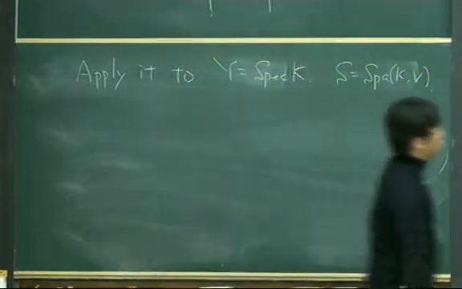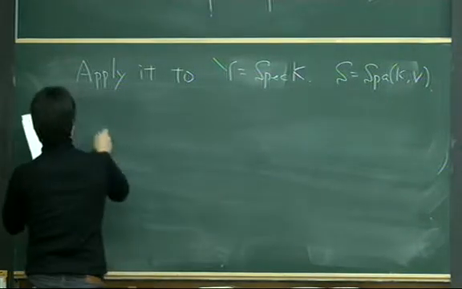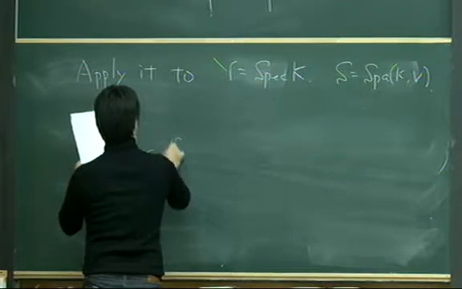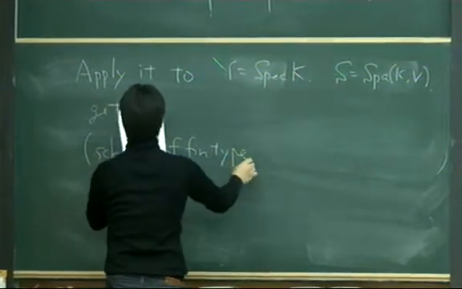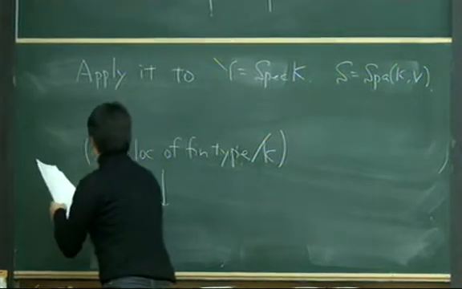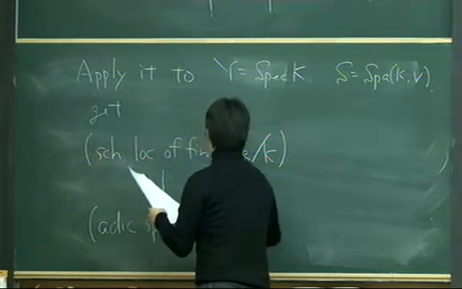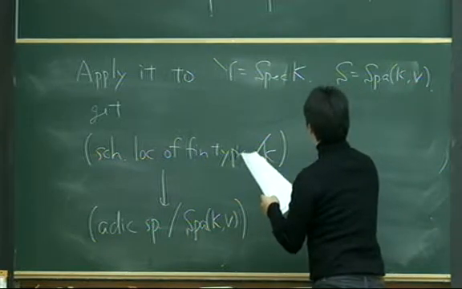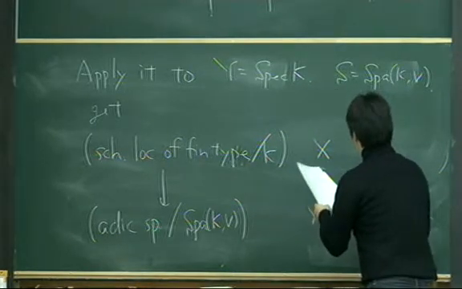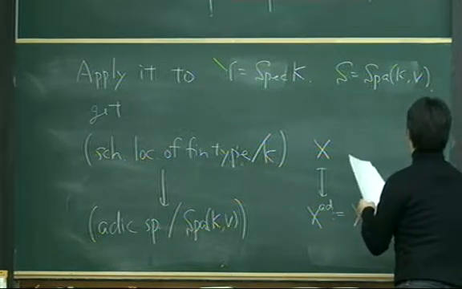Then we have a morphism of locally ringed spaces from S to Y. Then we get the functor from schemes which are locally of finite type over K to the category of adic spaces over Spa(K, V), by attaching to X its X^ad, which should be the fiber product of X and Spa(K, V).